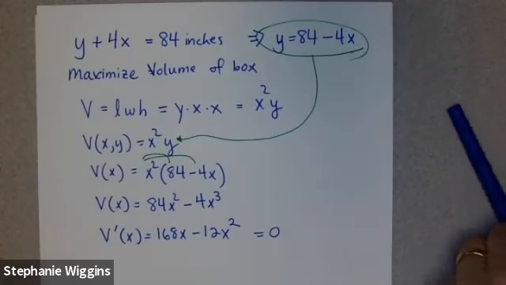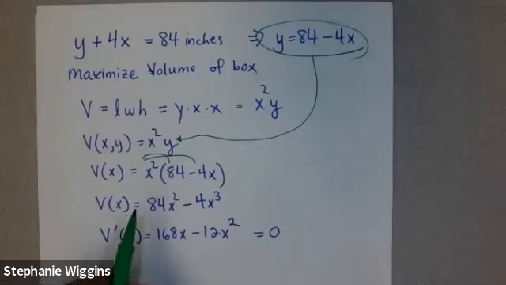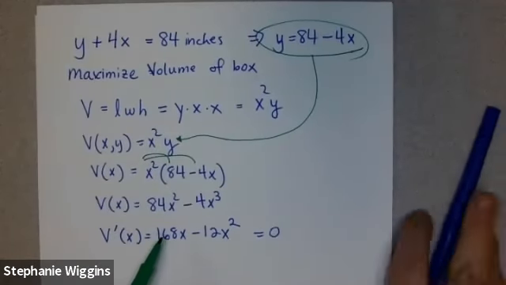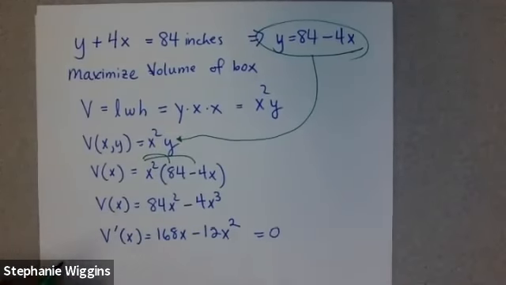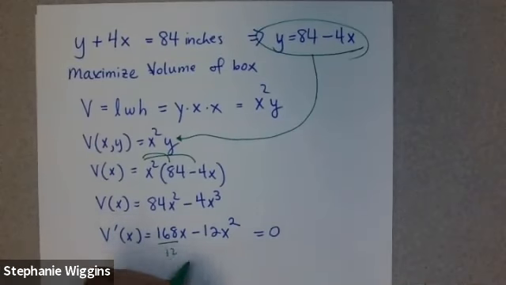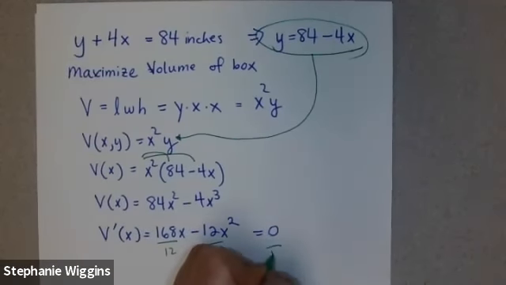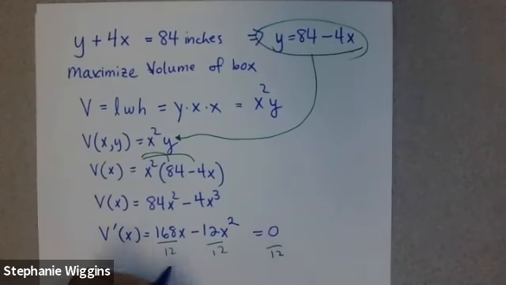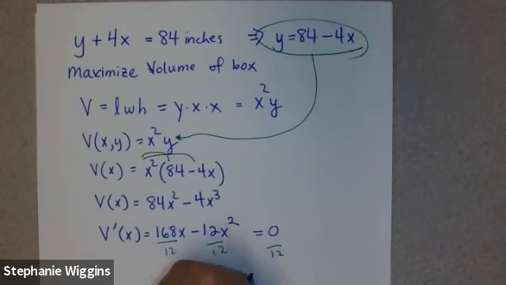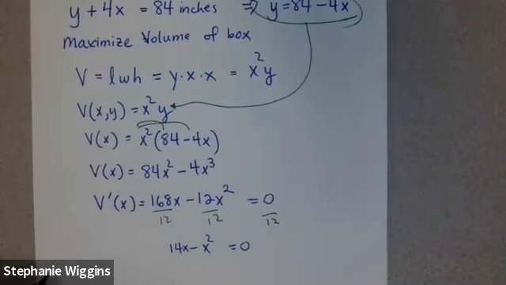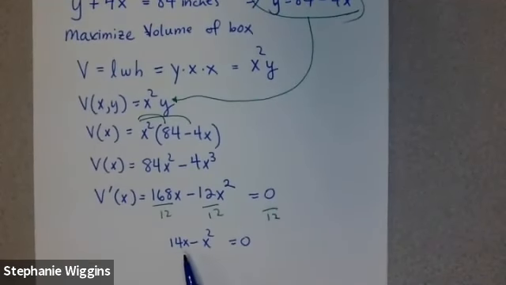And it looks like I can divide both sides by 12, right? 168 has a factor of 12. So I'm just going to go ahead and divide both sides by 12. And I get, let's see, 14X minus X squared equals 0. And at this point, I want to factor this quadratic.